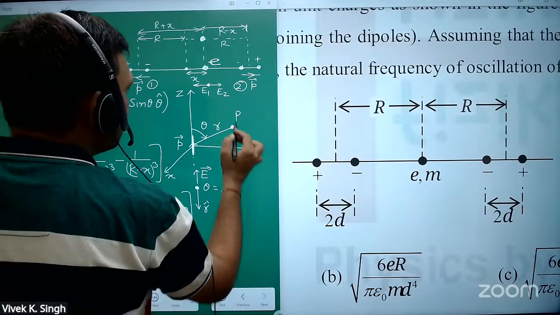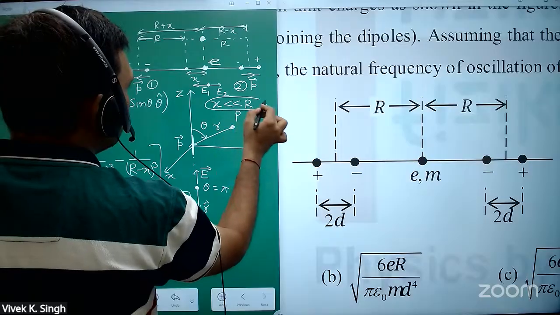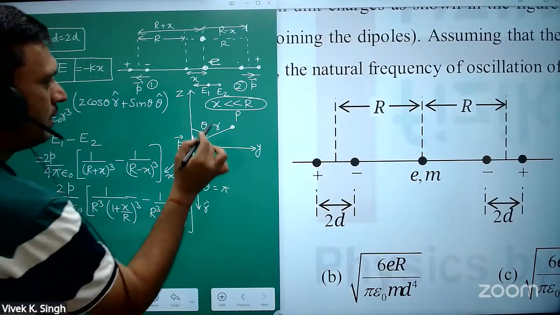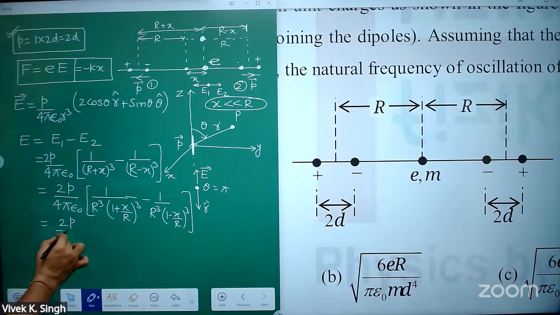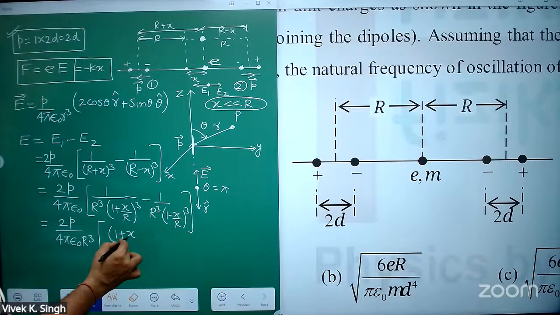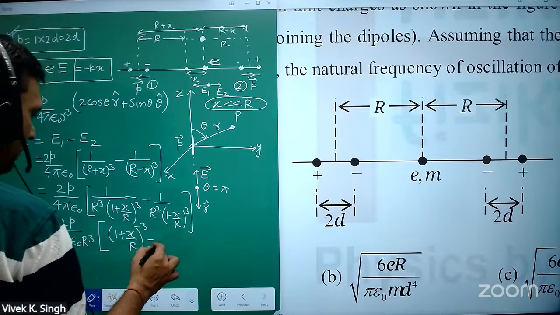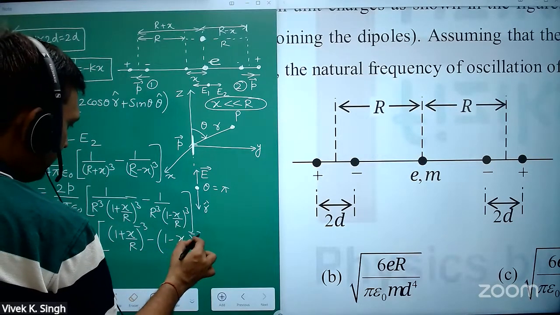This x is far, far less than r. You have a slight displacement from the equilibrium position. So you will get 2P by 4 pi epsilon naught r cube times (1 plus x by r) power minus 3 minus (1 minus x by r) power minus 3.